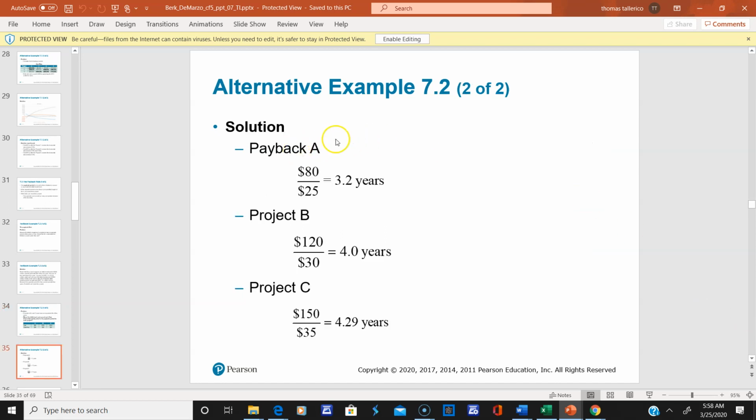And you can clearly see by the simple math here, it's 3.2 years for A, 4 for B, and 4.29 for C. And depending on what they consider their acceptable payback period, one of these or none of these or all of these may be okay. But in any case, it's something that really should not be used.